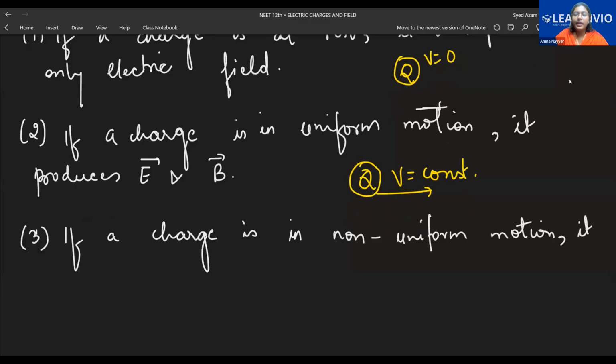See, electric field and magnetic field will definitely be there because the charge has started moving.